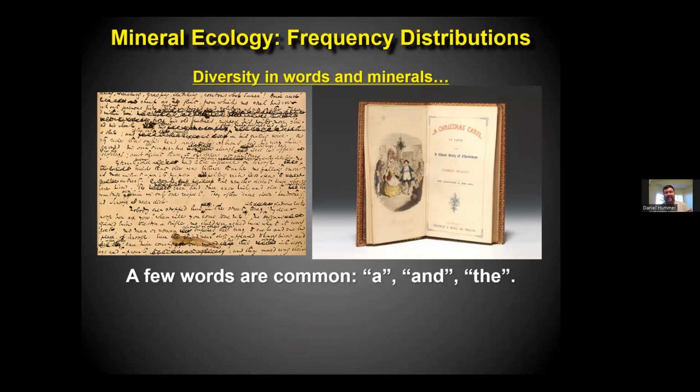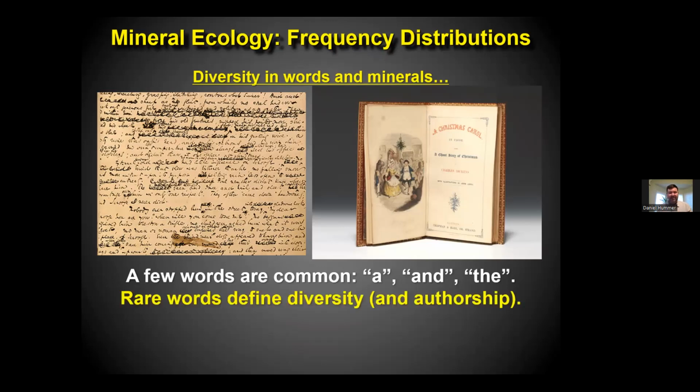You see at least some of those words in practically every sentence. But all of the rest of the words that an author is using to describe something are normally pretty rare. The word bookshelf, for example, is a well-known word, but it's used very rarely. We don't use it that often. And it's actually those rare words that define the authorship of the book.